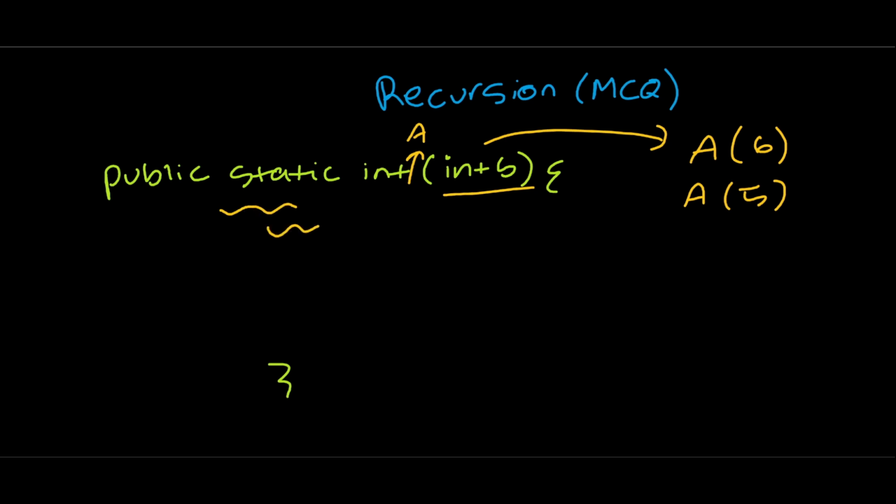But in recursion, the method will actually call itself inside of the method itself, if that makes sense. So let me just give you an example. Let's say this was our main method over here. Instead of calling A over there, inside of the method it might go like return A(7).